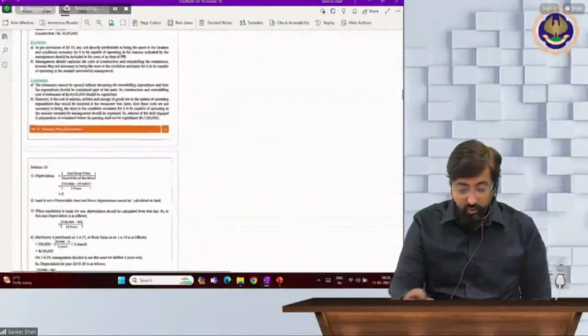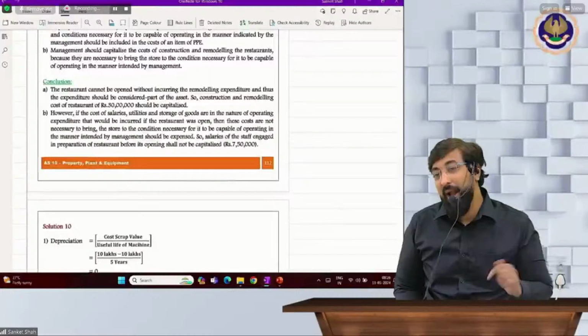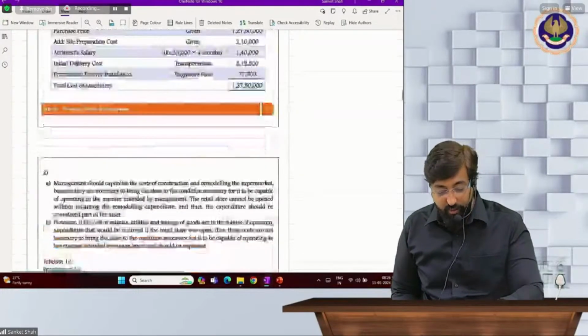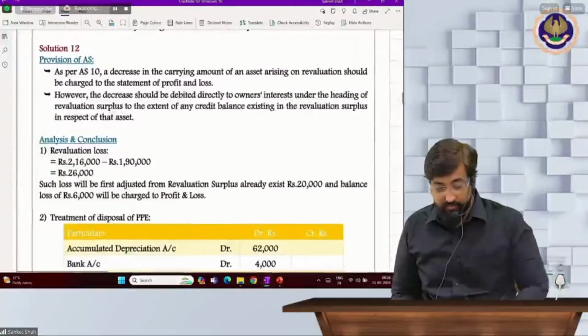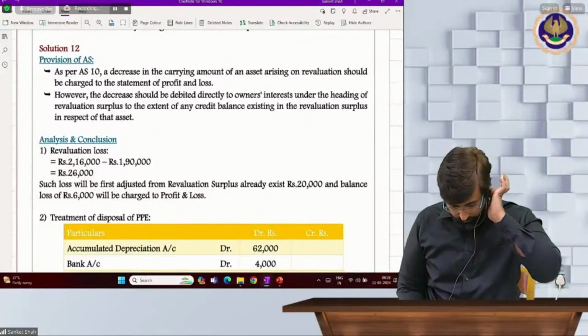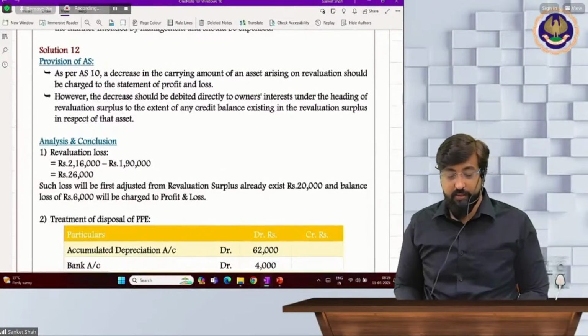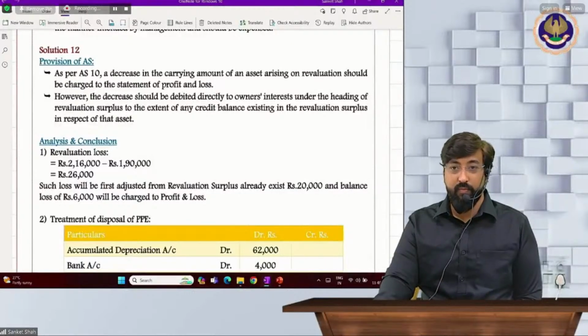Okay. So if there is first an upward revaluation and then a downward revaluation, what is the treatment? You can write the type also. So this is the answer. Is it difficult?